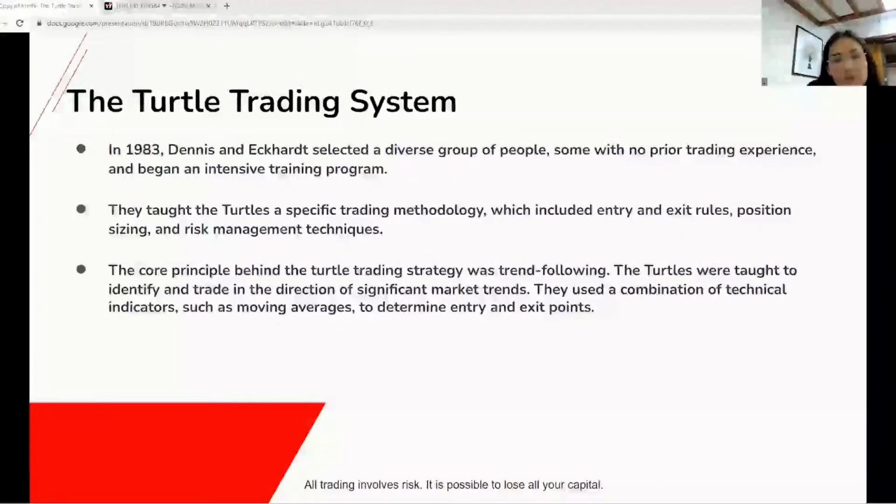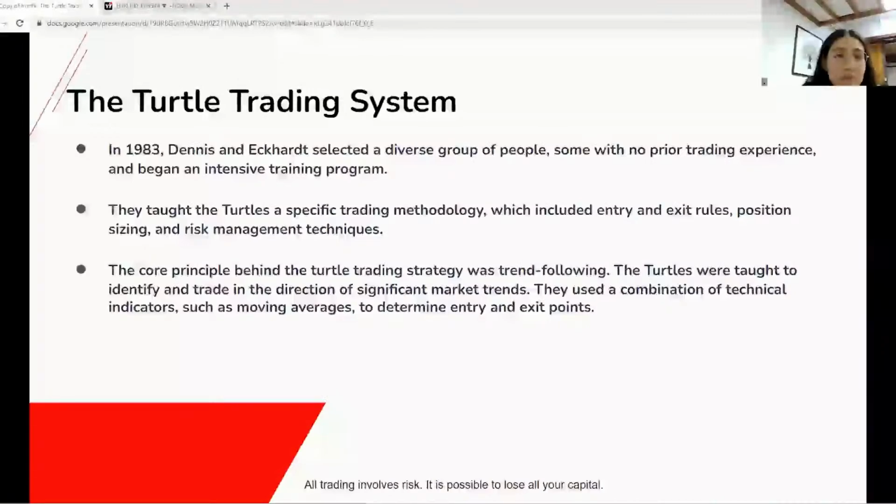In 1983, Dennis and Eckhardt selected a diverse group of people, and there were actually a couple of thousand people who applied to be part of this turtle trading experiment. They selected a couple of people from different backgrounds with no prior trading experience, and then they began their extensive training program.